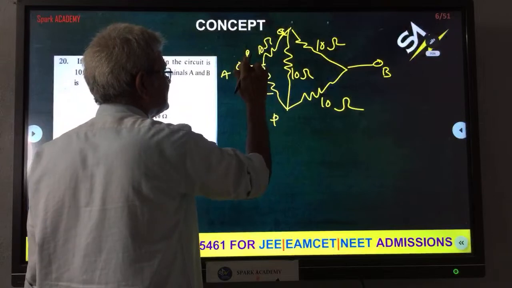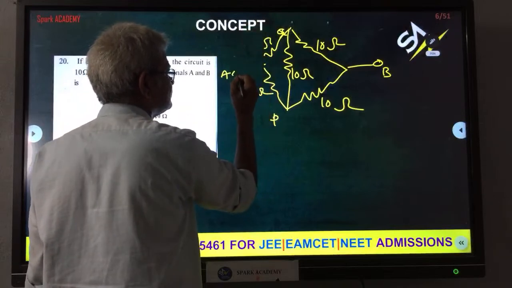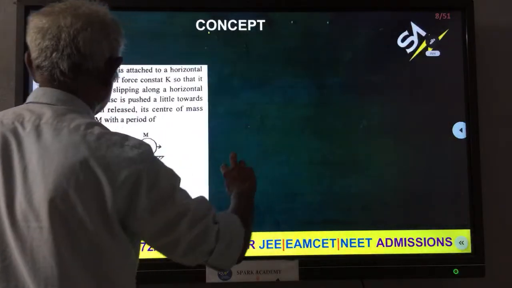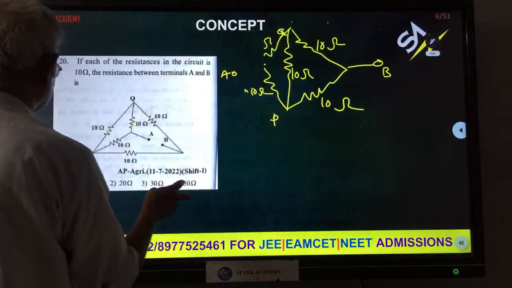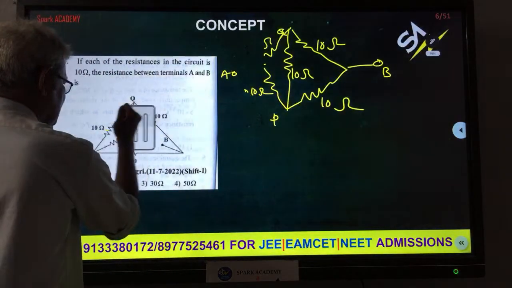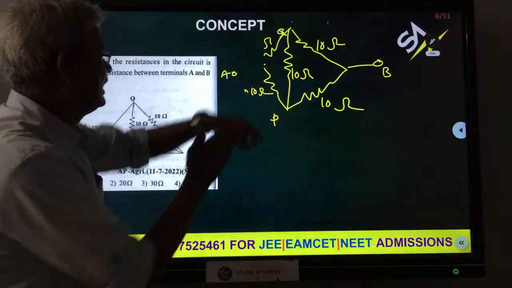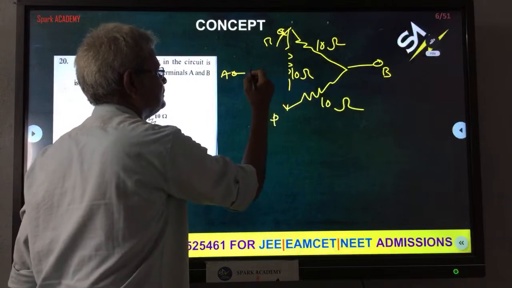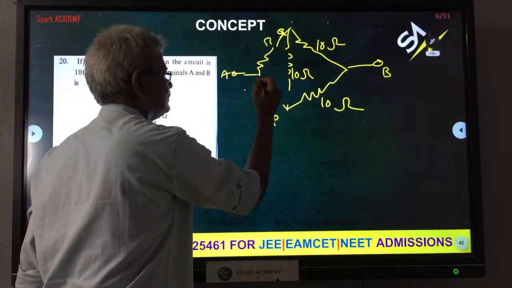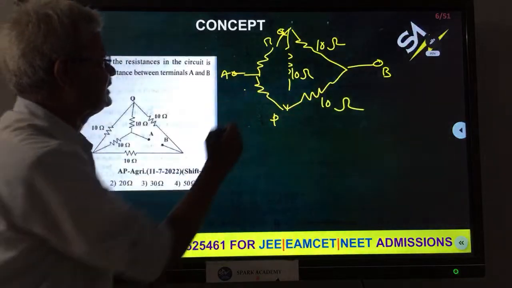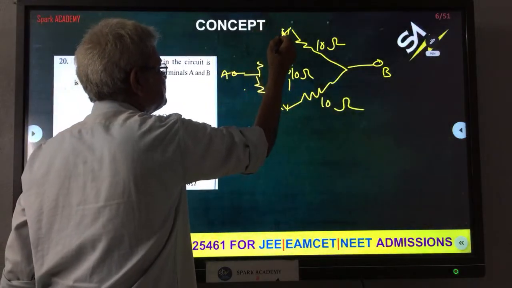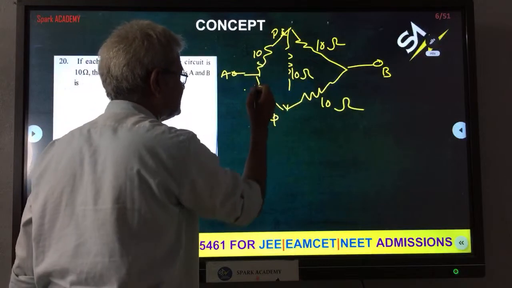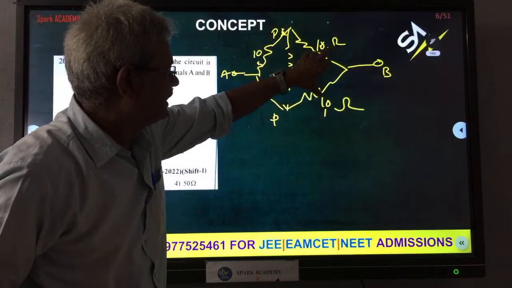If you take like this here, in Wheatstone's principle, if you take this resistance divided by this resistance, 10 by 10 is equal to 10 by 10. The ratio is 1.